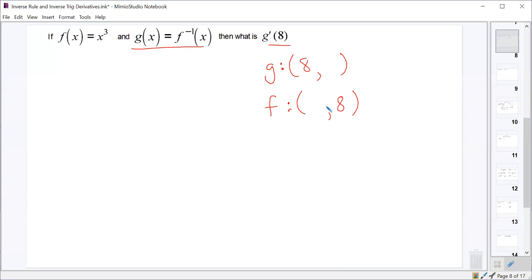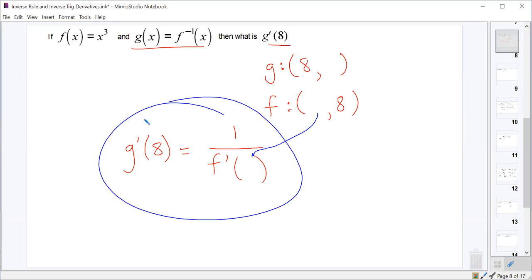And if we are looking for g prime of 8, it ought to equal 1 over f prime of whatever that value is, the x value when y is 8. We just need to figure out what that value is, right? Everybody agrees that this is what that rule says?